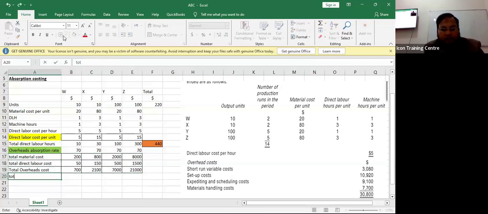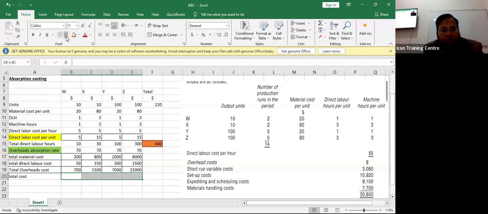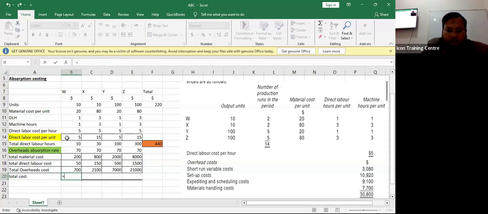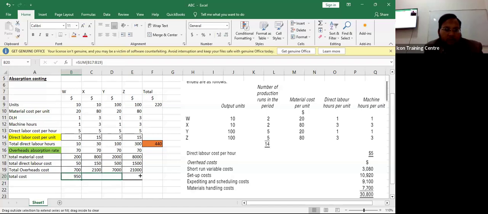So total cost will be equal to the sum. And this is the total cost: 950 for W, 30,500 for X, 9,500 for Y, and 30,500 for Z.